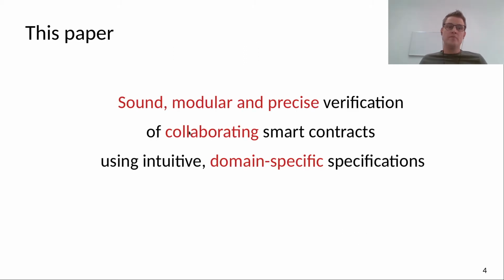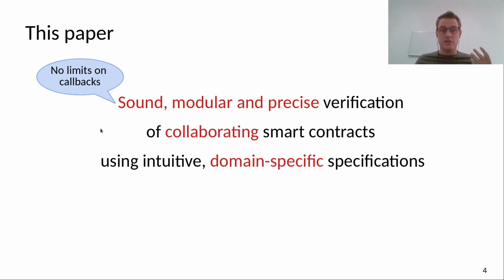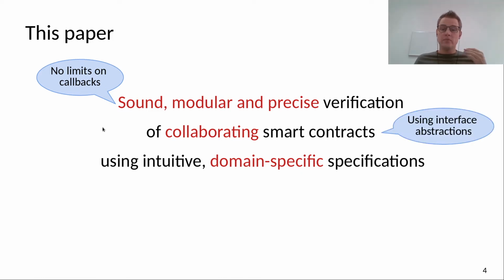So in this paper, we provide a sound, modular, and precise verification technique for collaborating smart contracts using intuitive domain-specific specifications. In particular, our technique is sound, even in the presence of arbitrary callbacks. And I'll explain in a second why this is important, but this is unlike many existing verification techniques. We show how to reason about multiple contracts that together implement a distributed application and do so in a contract modular way.